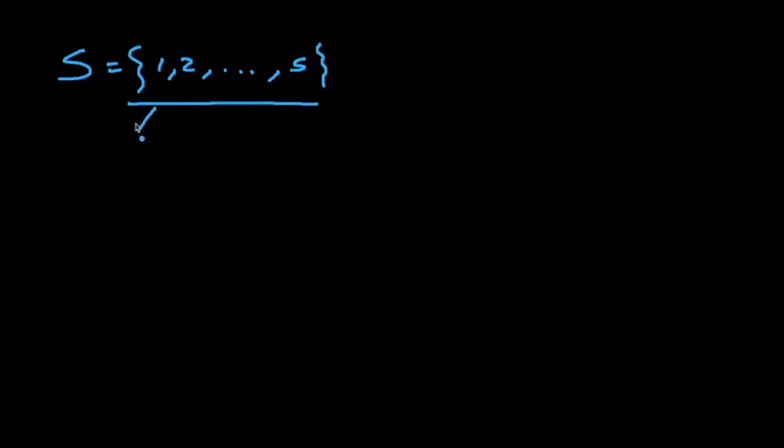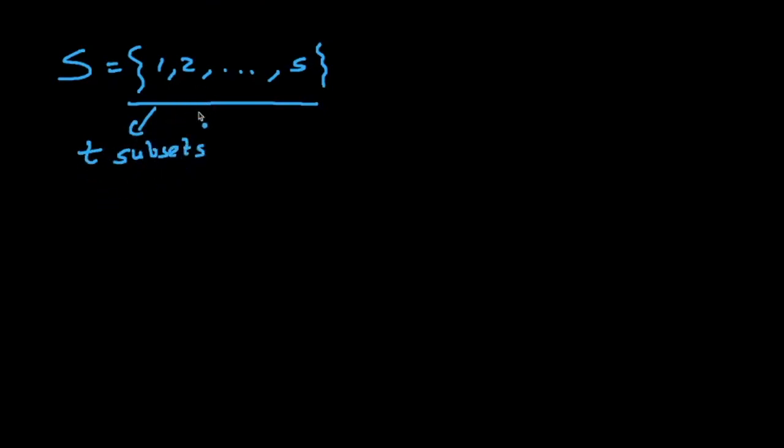Okay, so what exactly is a partitioning problem and why do we care about it so much? So let's try to answer those questions, right? So what exactly is a partitioning problem? We have a set S, it has a bunch of elements. Let's use numbers for them, so let's call them 1, 2, and up to small s. And we want to partition this set into at max t subsets.